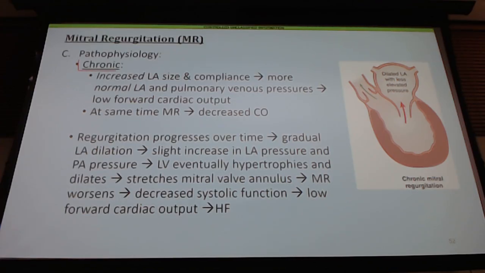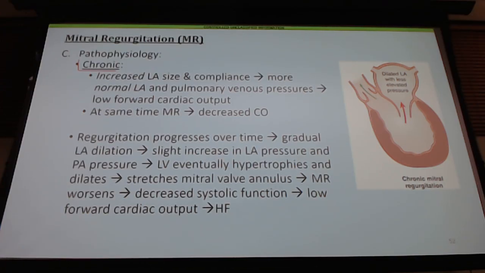Now, chronic mitral regurg, your atria is going to compensate. It's now had time to do the changes necessary to compensate for that extra volume. And so what ends up happening in the chronic mitral regurg is that left atrium is going to stretch out, it's going to take all that extra volume, and that pressure in the atria is not going to rise as quickly as it did in the acute setting.